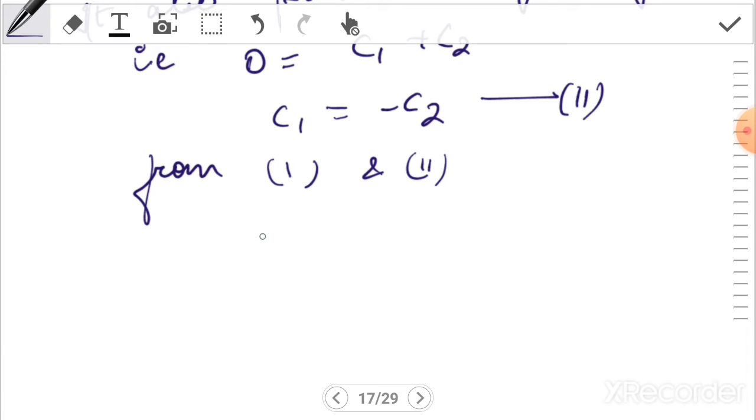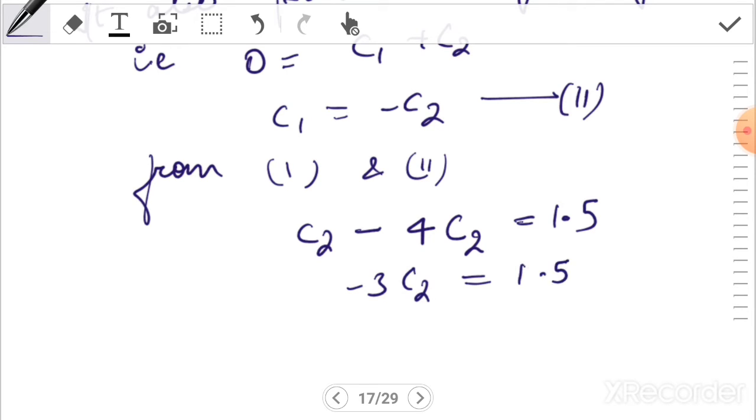so minus c2 plus, we have c2 minus 4c2 is equal to 1.5. So that is minus 3c2 is equal to 1.5.